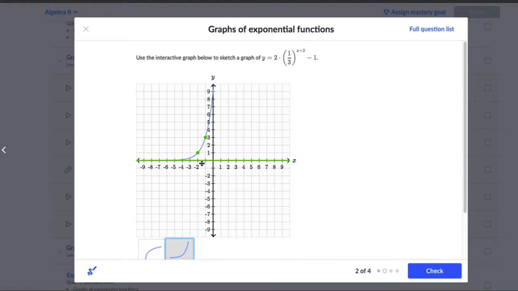So I'm going to move this up 2. Then finally, what do I do? Move it down 1. So I move it back down 1. By the way, where is my horizontal asymptote now? So I'm going to drag this one to -1.